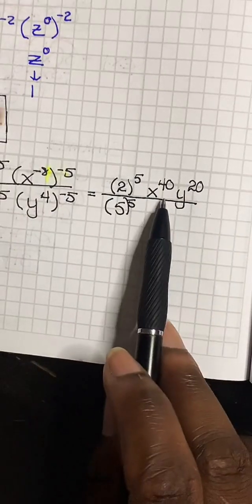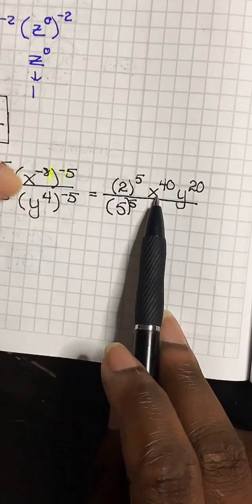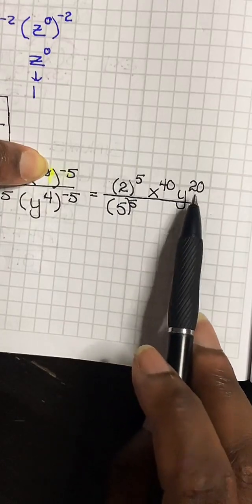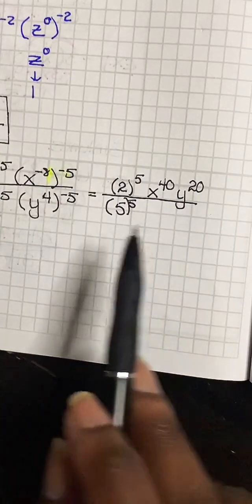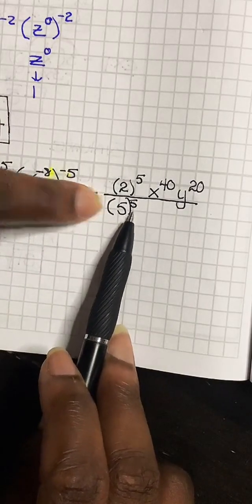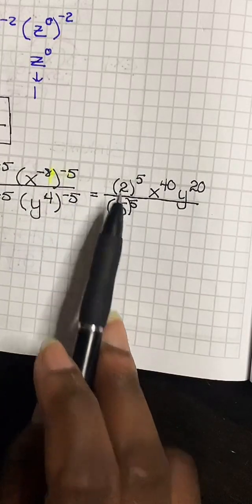Okay, so the x is staying right where it is because it gave me a positive exponent. The y had to move because it was giving me a negative exponent. And then the 5 dropped down to the bottom, so it has a positive 5. And the 2 moved onto the top because it's a positive 2.